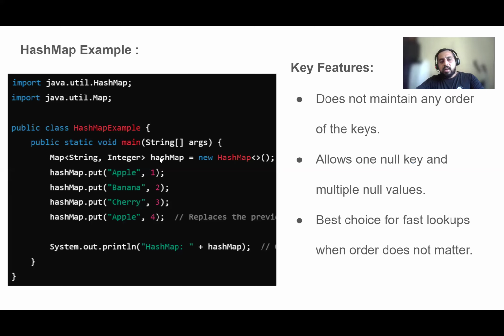When it comes to values, duplicates are allowed. So it is the best choice for fast lookups when order does not matter. In an application where we don't care about insertion order and just want fast addition, removal, or retrieval of data, we can use a HashMap because its time complexity is O(1).